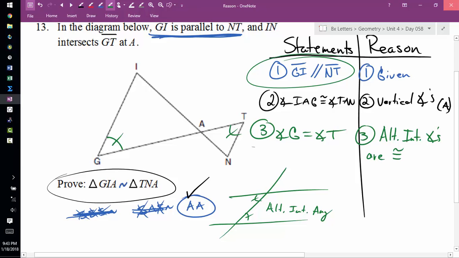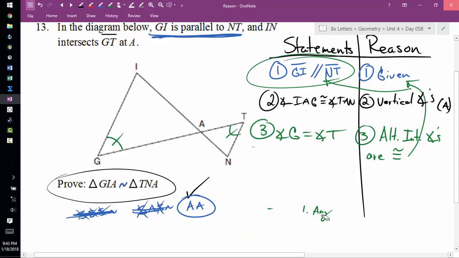And I don't have to state that the lines are parallel because I've already said that prior. When you say that the lines are parallel, it's understood that when you're going to be talking about alternate interior angles, you're talking about the ones made by the parallel lines. So that third statement establishes my second angle, which is all I need in order to prove what they asked me. So I've gotten enough information to invoke and to use the angle-angle postulate.